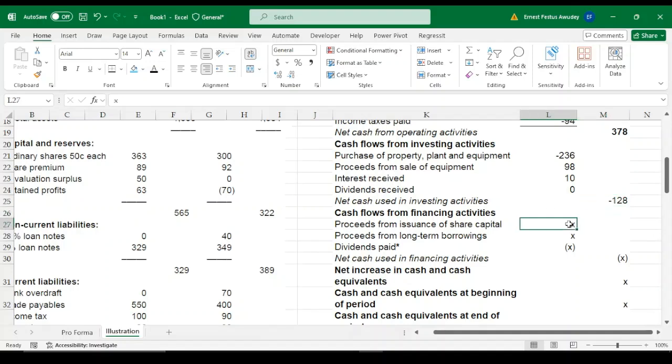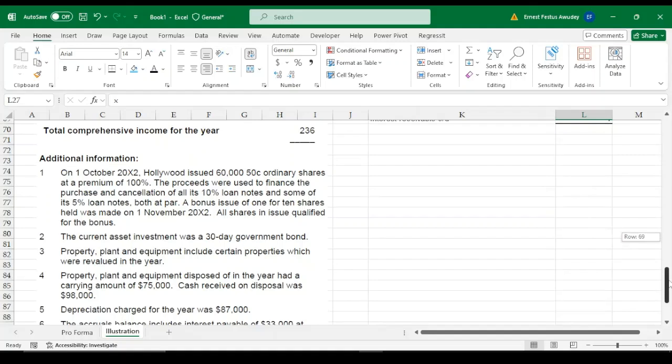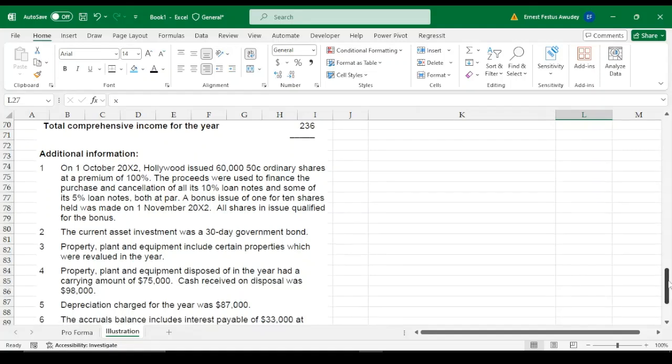All right, then we also have our cash flows from financing activities. The first one is proceeds from issuance of share capital. In our additional information, we have been given some information about our shares. We've been told that on 1st October 20x2, at the beginning of the period, Hollywood issued 60,000 50-cent ordinary shares at a premium of 100%.